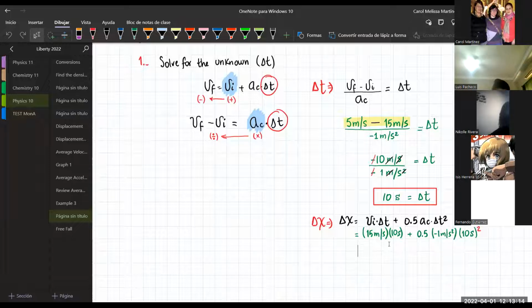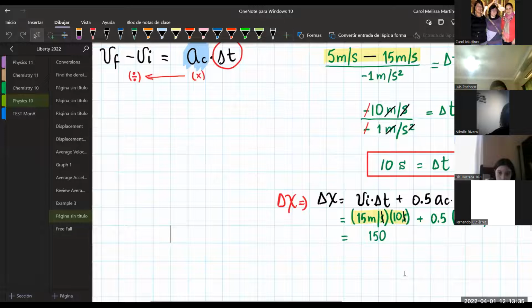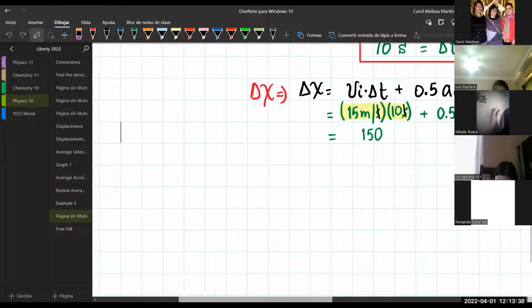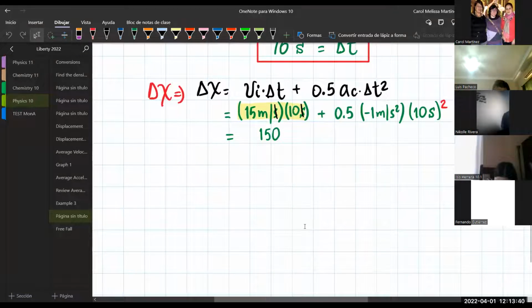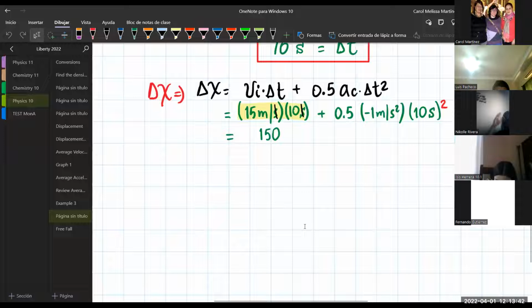Okay, so from here, you obtain 15 multiplied times 10 is going to give you 150, right? Do you get 150? Yes. Okay. Seconds and seconds are cancelled, so my remaining unit is going to be meters.